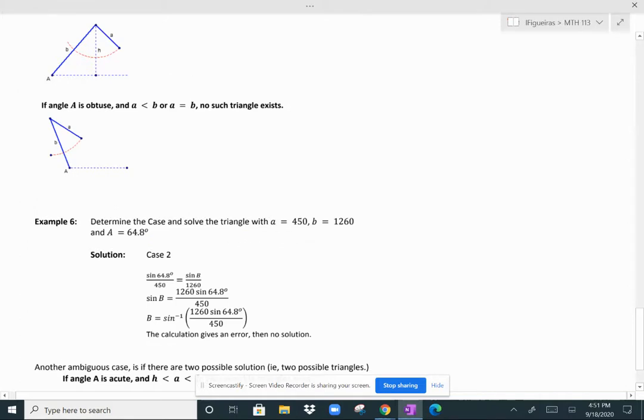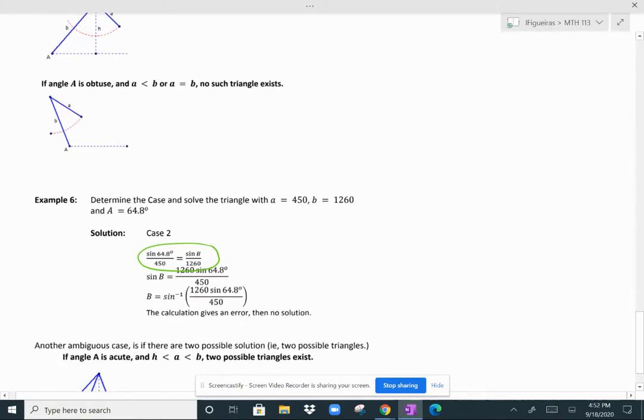So the sine of 64.8 degrees over 450 equals the sine of B over 1260. So I get sine of B equals 1260 sine of 64.8 over 450. And if you take sine inverse and compute this in a calculator, it will give you an error. So this is an example of a case where there is no solution.